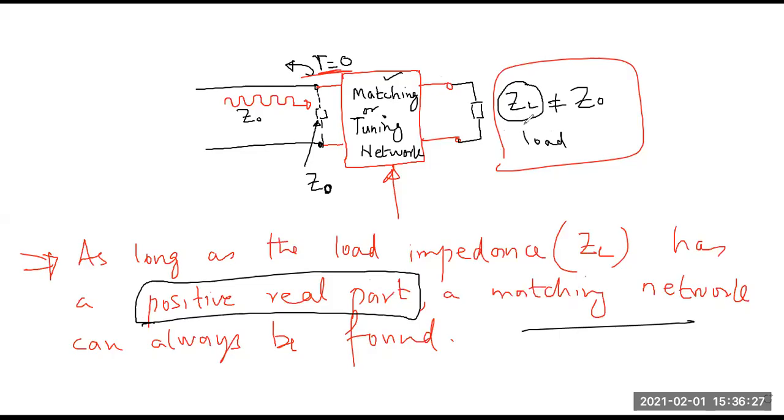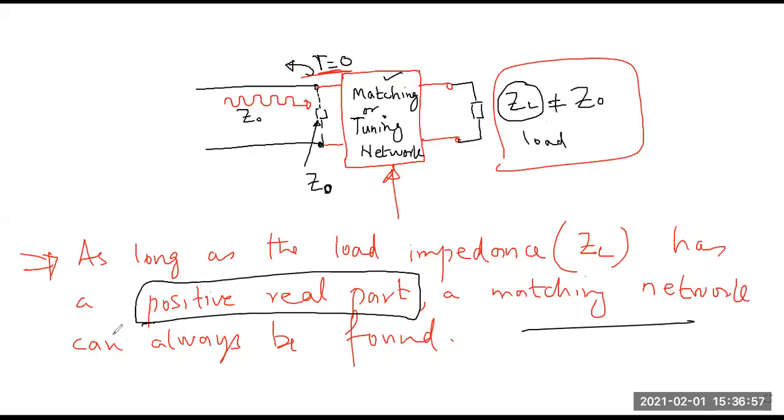But if the load has zero real part, which means your load is purely imaginary, it is not possible to design any matching circuit. So you can say that a purely imaginary load cannot be matched. Okay. So this is the condition.